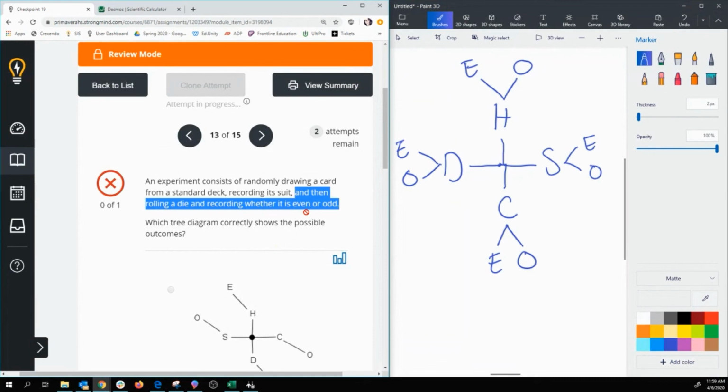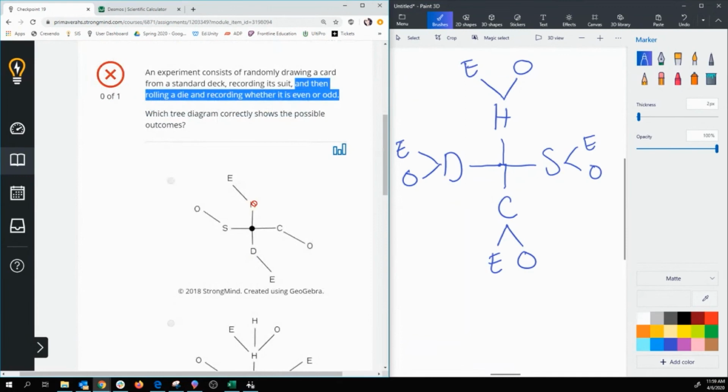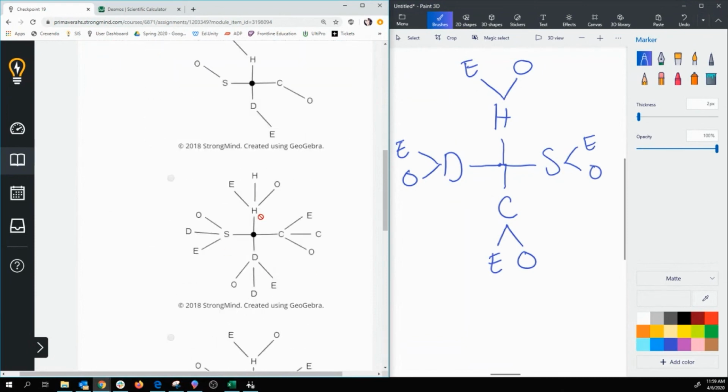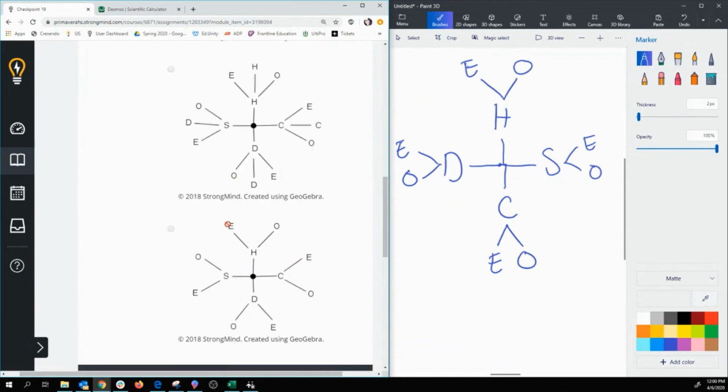I should either have an E or an O for even or odd. If I look at this first one, I only have one. So this first one can't work because right here, I'm missing my even branch. If I look at this one here, I have an extra one. I have an even and odd, but then I have this H. So this one also can't work. But this very bottom one here, I have my even and odd. So this bottom one works, and I can tell just by looking at my outer branches, right? I have even and odd.